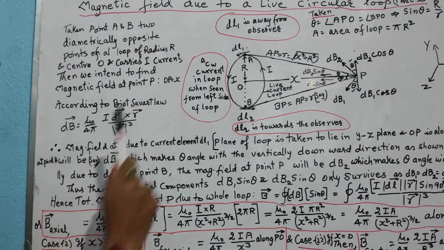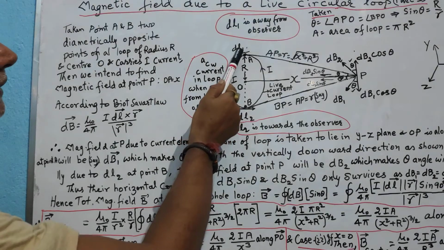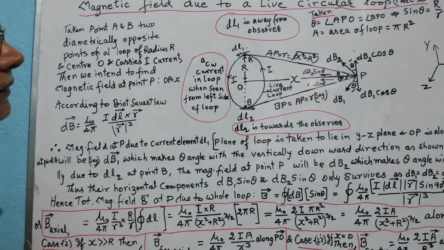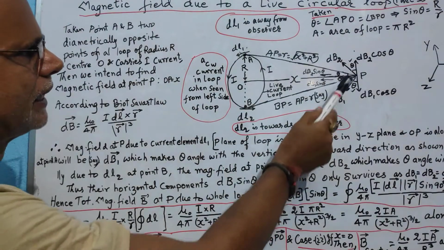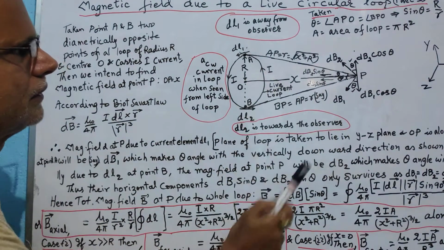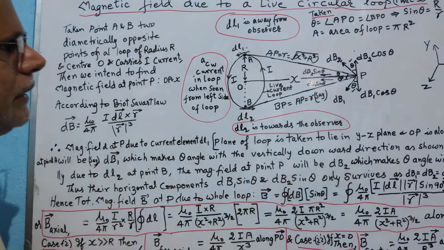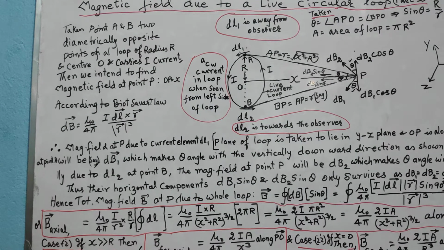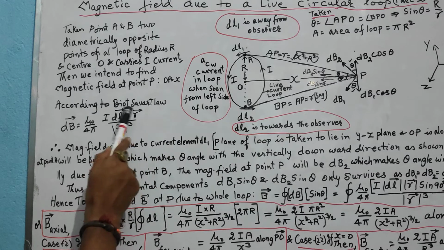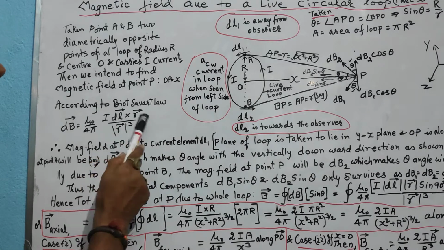Now you see, when we consider a current element dl1, the magnetic field at point P due to dl1 will be along the direction DB. You can very well understand this by finding the direction of this cross product dl cross r.